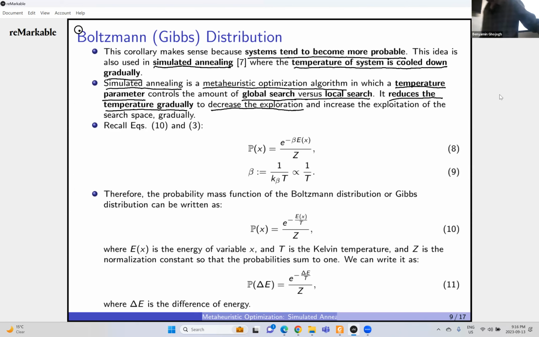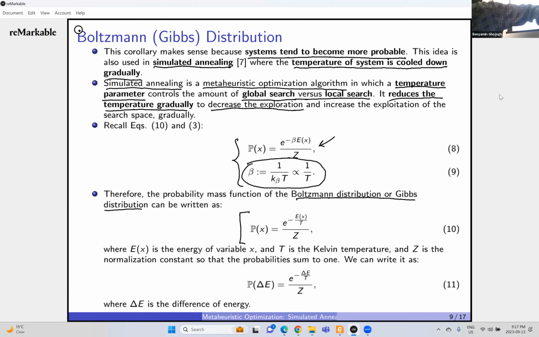Right? So recall these two equations, 10 and 3, I'm repeating them. Therefore, the probability mass function of the Boltzmann distribution or Gibbs distribution can be written as this. I'm restating the Boltzmann distribution, which was this, using the equation of beta. So replace beta here.